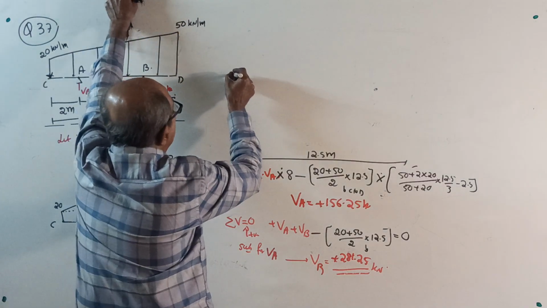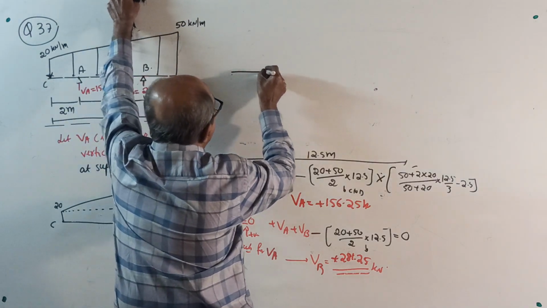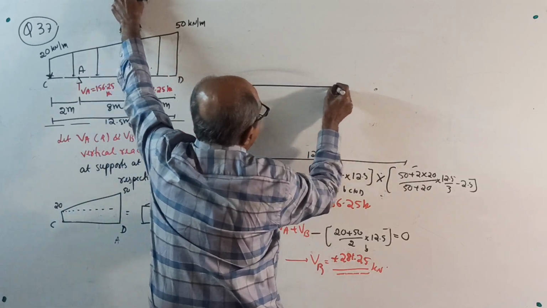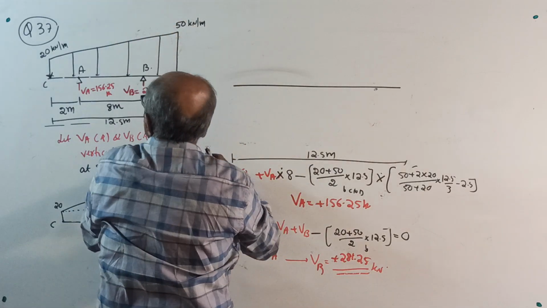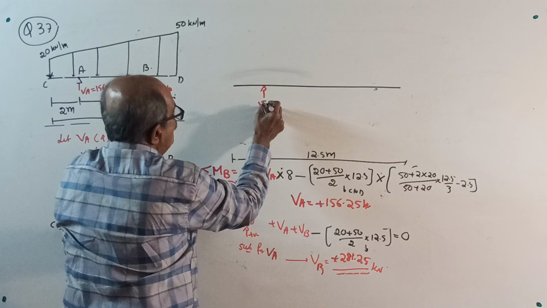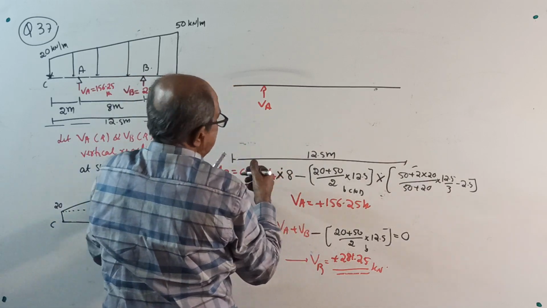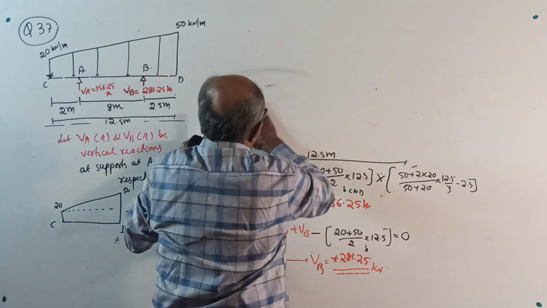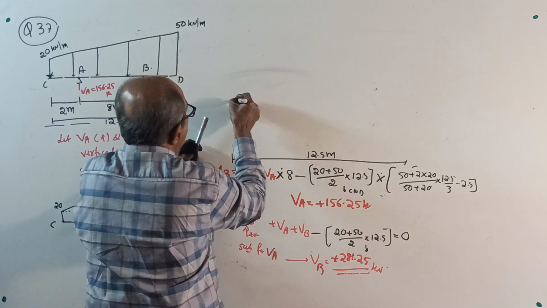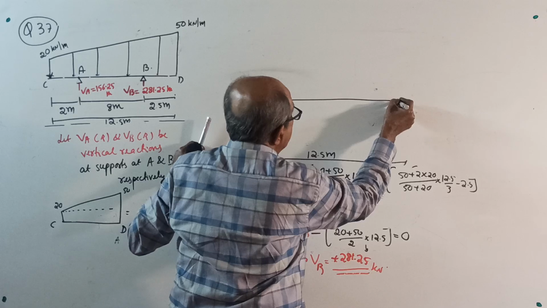Then your sketch will become, see here, this is VA at 2 meter. I think I can come further down. Okay, I got more space there.